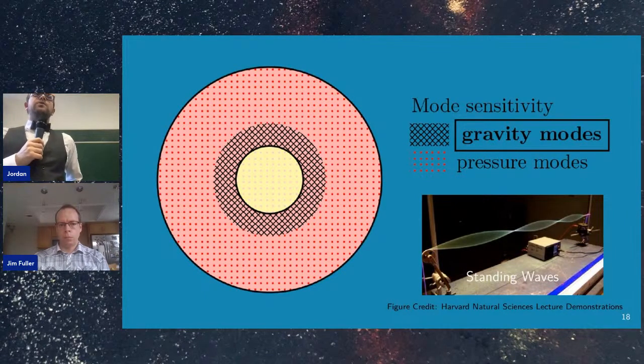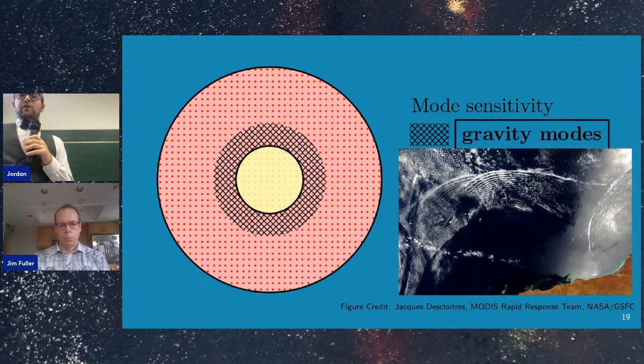So these are the waves you are hearing right now. But of more importance are the gravity modes, which are mainly sensitive to the core boundary region, and where the surface layer is. An example of that can also be found on Earth, where you have a nice picture of some gravity waves in the air here.